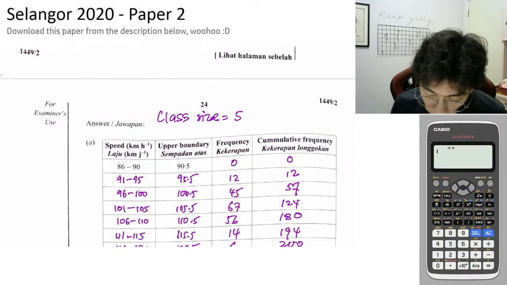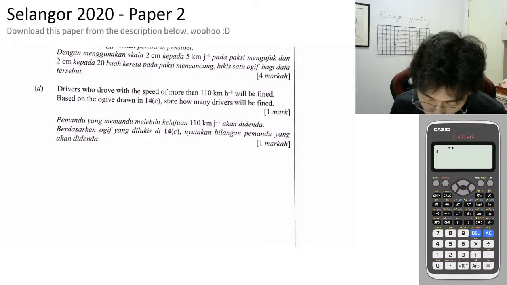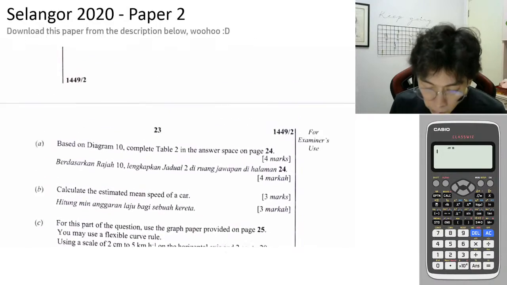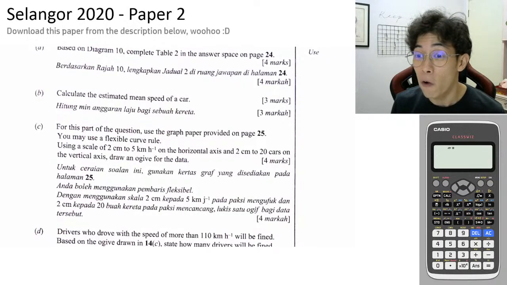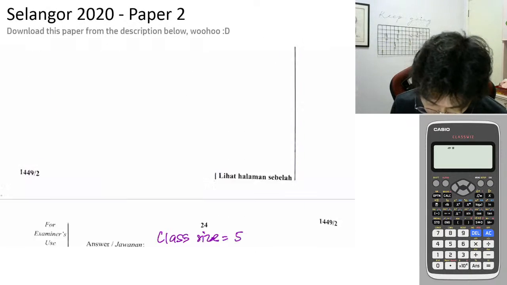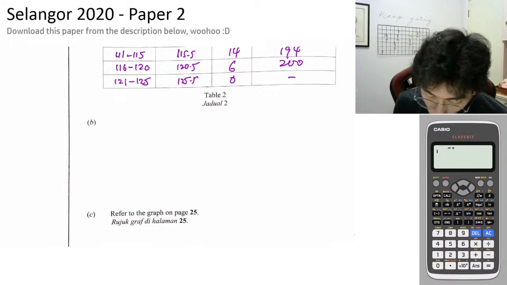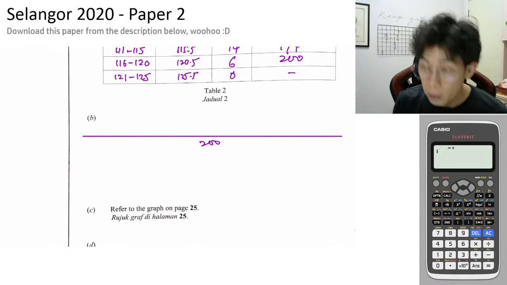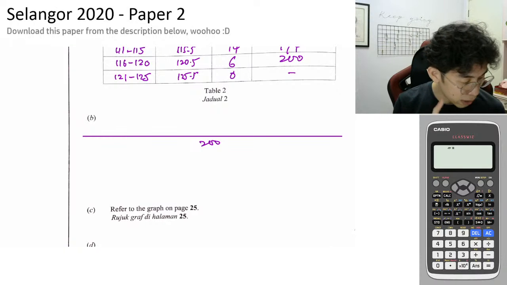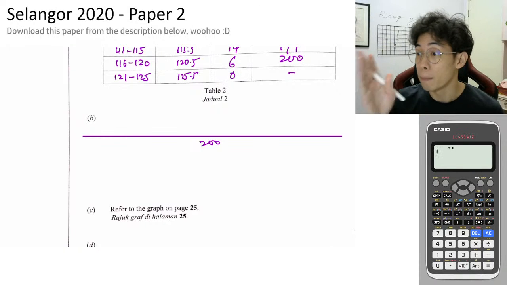After that, see what they mentioned for B. B says calculate the estimated mean. Everyone, estimated mean, fixed formula, over total frequency 200. And what is the upper part? Midpoint times frequency.